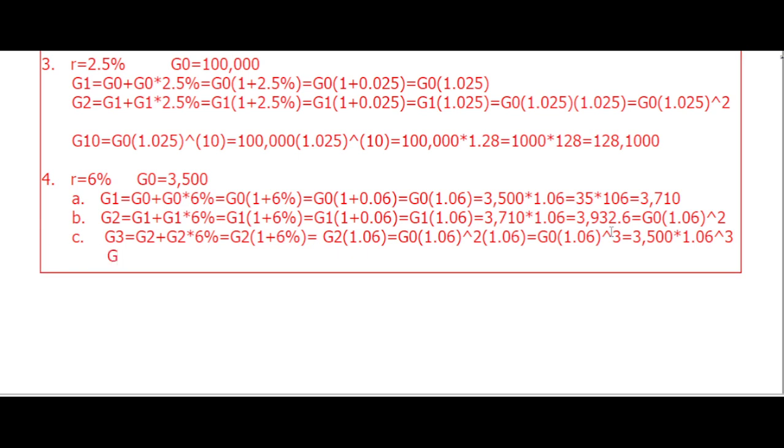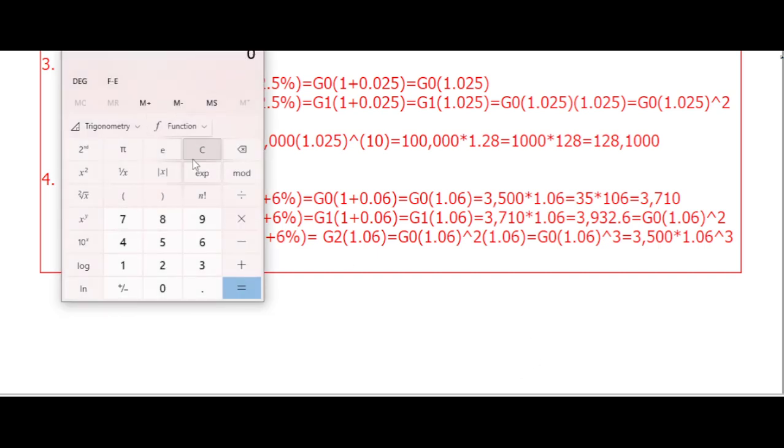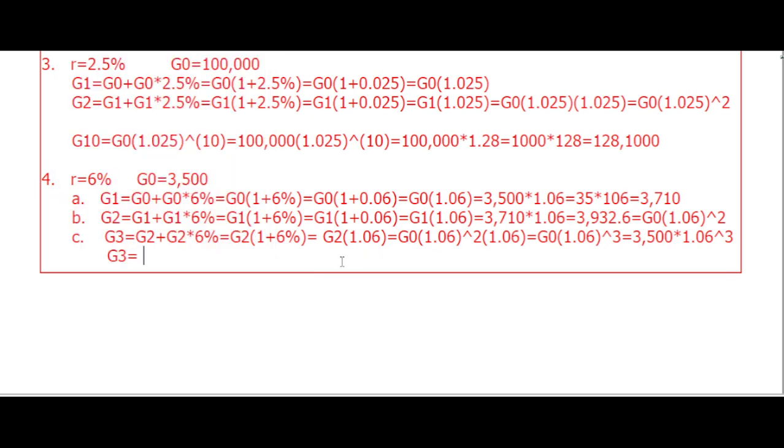So G3 is equal to, let's multiply this. 1.06 to the power 3 is, in decimal places, 1.19, times 3500.